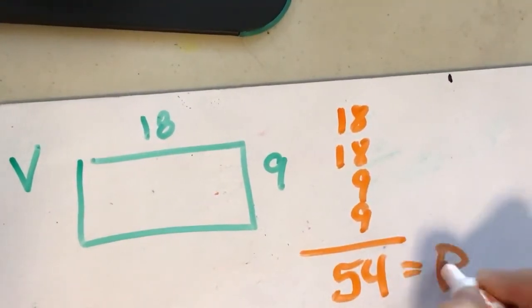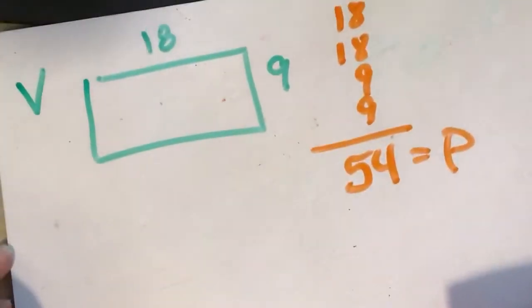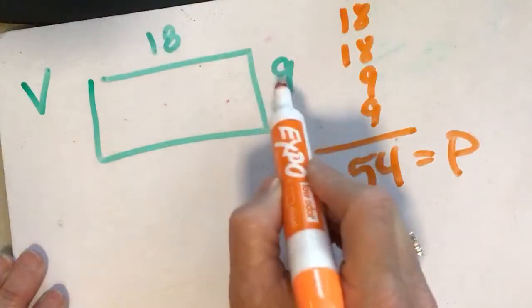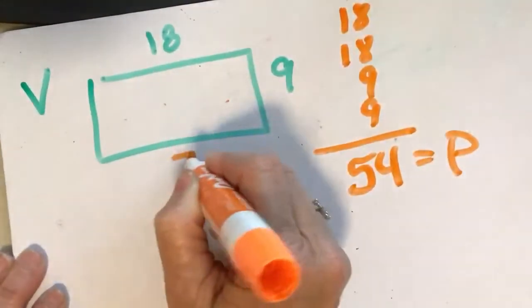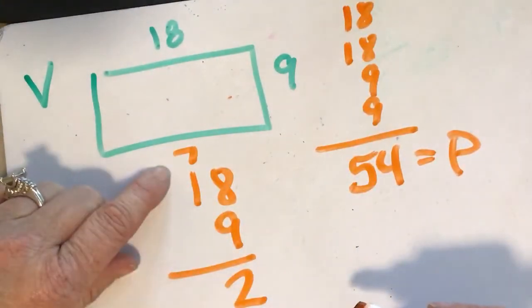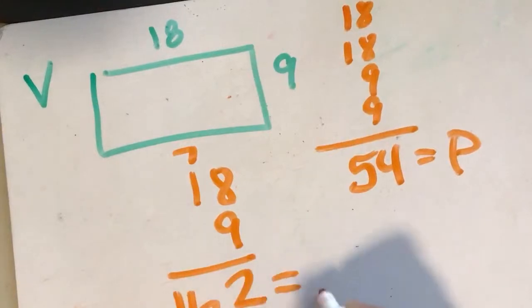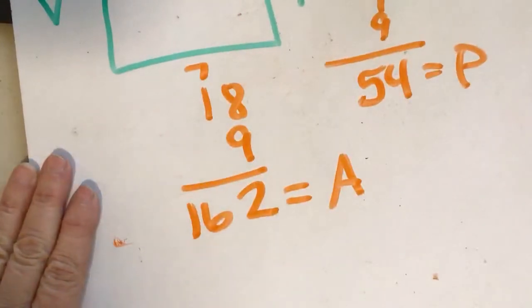So your perimeter should have been 54. And the area is length times width. 18 times 9. 8 times 9 is 72. 9 times 1 is 9, plus 7 is 16. That gives me 162 square feet. There you go. Hopefully you got that one correct.